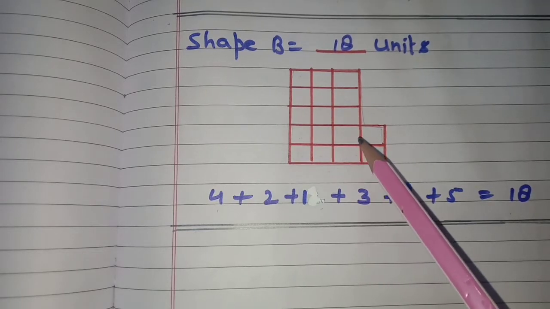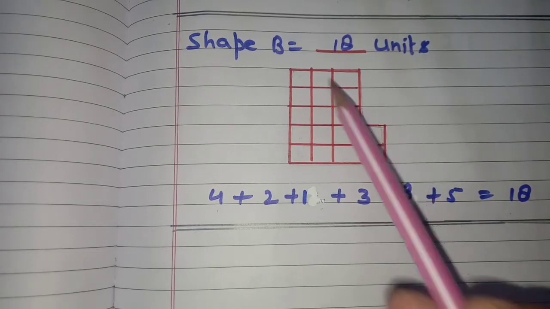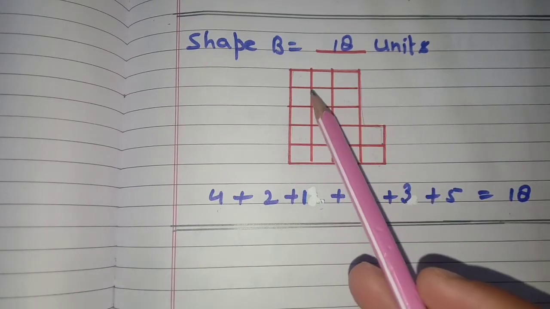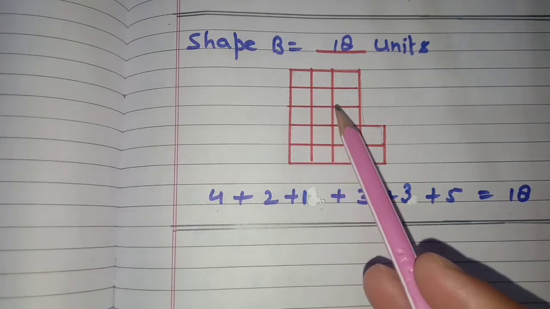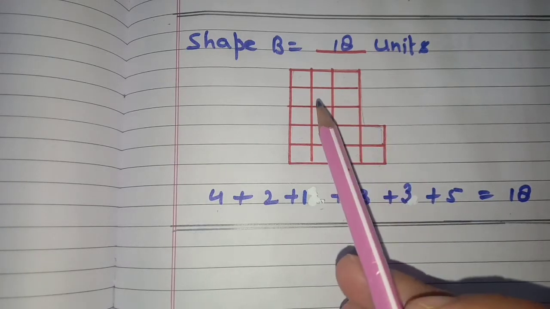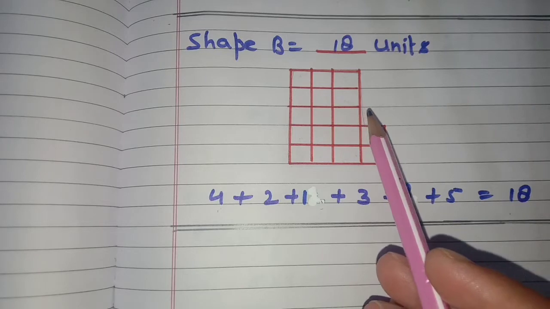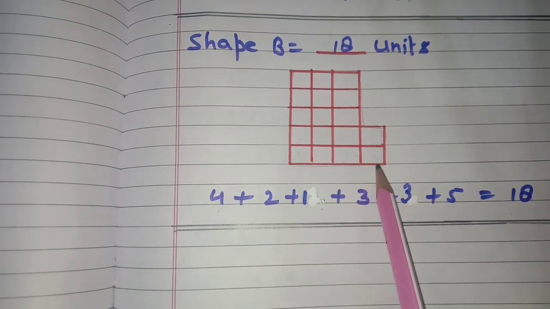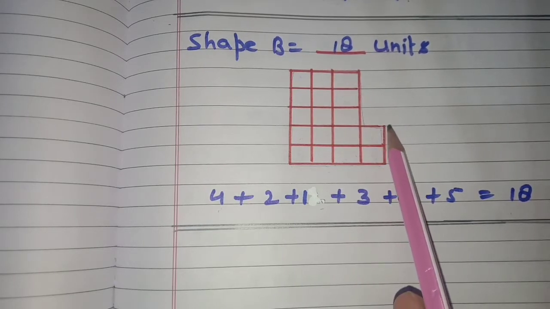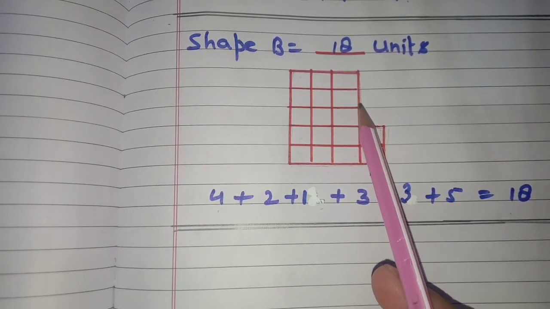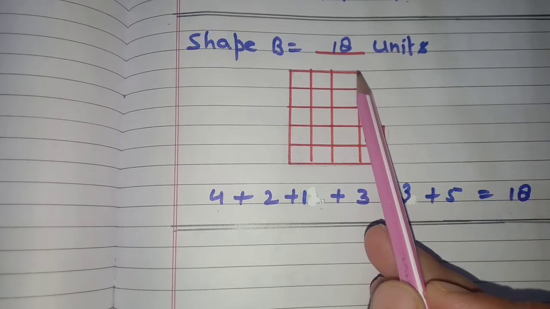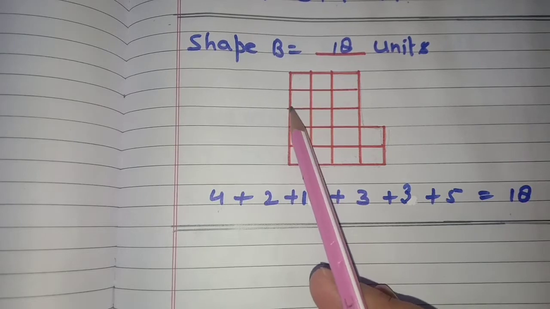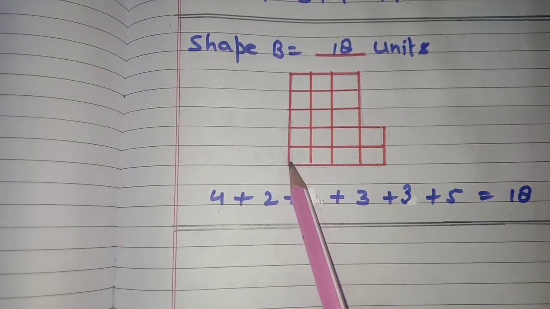Now what is perimeter? Perimeter is when we just add the lengths of all the sides of any closed figure. Here one square is of 1 centimeter. So let us count all the squares, or you can say the sides of all the squares. So 1, 2, 3, 4, 5, 6, then 7, then 8, 9, 10, here 11, 12, 13, then 14, 15, 16, 17 and 18.